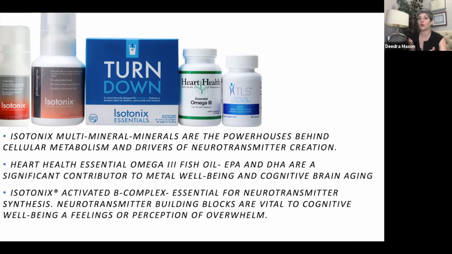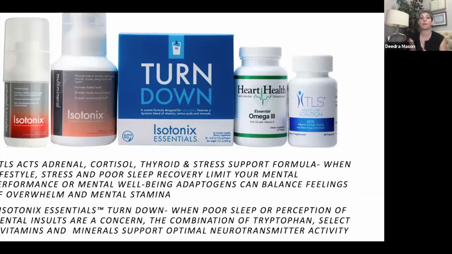We want to make sure that we're getting those activated B complex. Now, we did put in a stronger version of Bliss in this product by using the ACTs, the adrenal, cortisol, thyroid, and stress. What we're doing right now is appreciating the individual that's been under stress for a while or has gene polymorphisms that wouldn't allow them to mount the same kind of resilience to ongoing and consistent stressors.